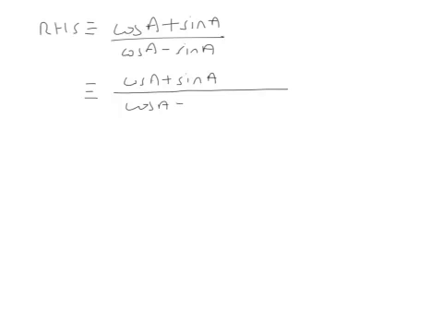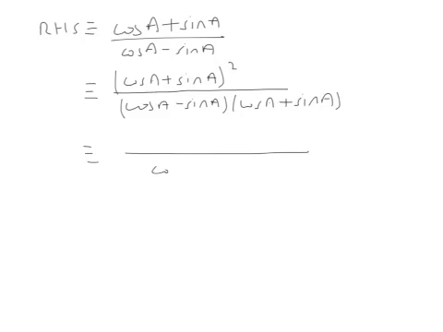So let's make the denominator cos squared minus sine squared by timesing top and bottom by cos a plus sine a. The reason I'm doing that is because now the denominator is cos squared a minus sine squared a, which is what we had on the bottom of the left hand side.